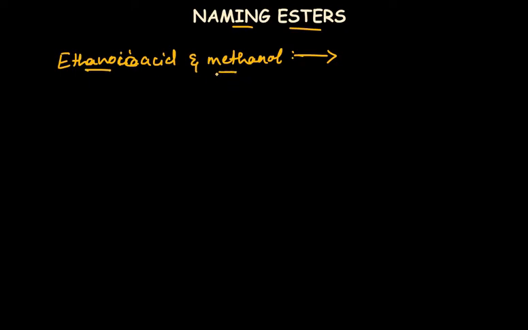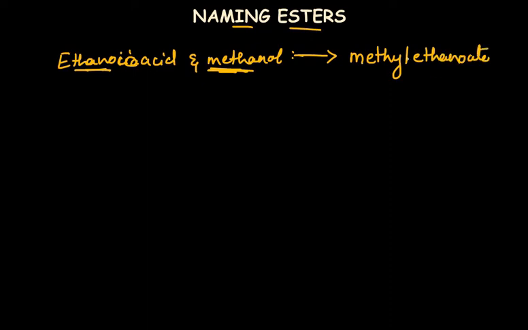Remember, the naming of the esters starts with the name of the alcohol. So if we have used methanol, the name of the ester will start with methyl, because methanol is used as the alcohol. It is followed by the name of the acid. If we have used ethanoic acid, then the name following methyl will be ethanoate.